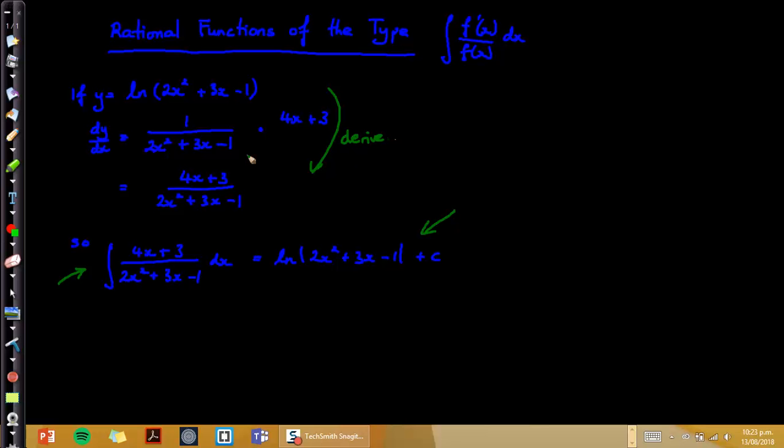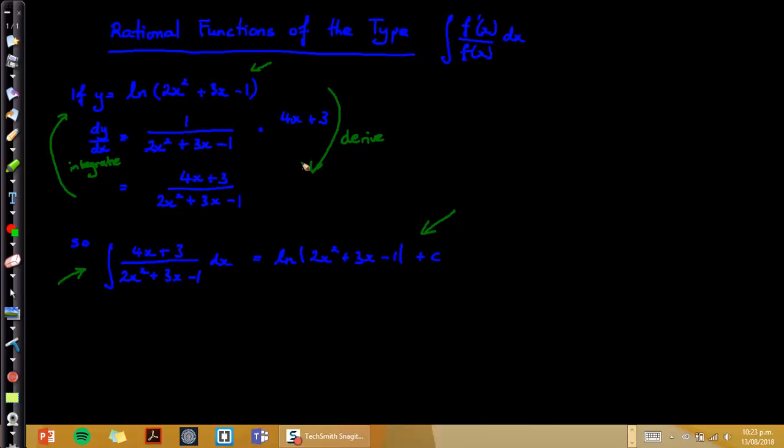As you know, integration is the opposite process, so the integral of that rational function should be that natural log function at the top here.